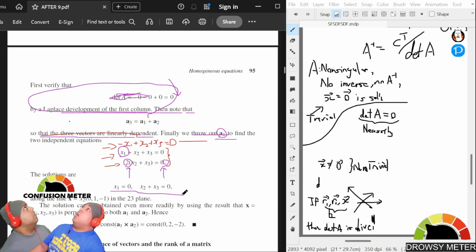x1 equals 0, x2 plus x3 equals 0. Along the line x... I'm opening stuff by accident.